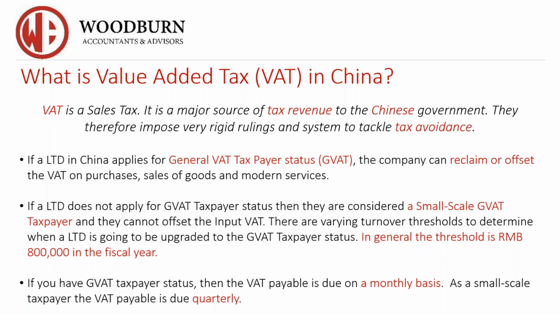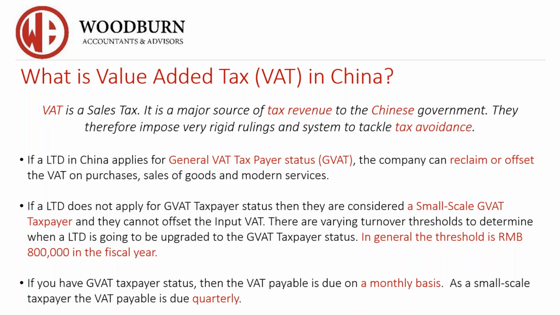When you're incorporating your company and you have this first meeting with your tax officer, the tax officer will ask you, do you want to become a general VAT taxpayer, or do you want to remain as a small scale VAT taxpayer? Okay, now let me explain what the differences are between the two.